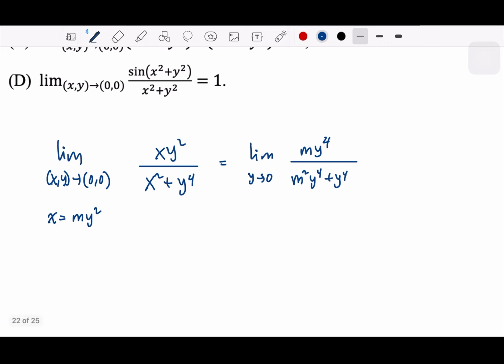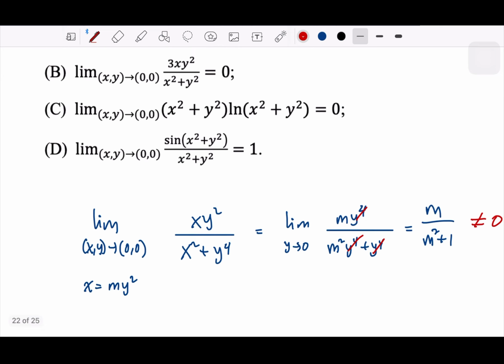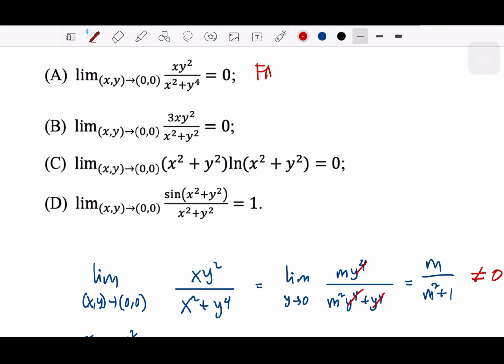I think we can cancel all the y to the 4, so we will have m over m squared plus 1, and m can be any number, so it's certainly not 0. The statement is false for number A, so this will be false.